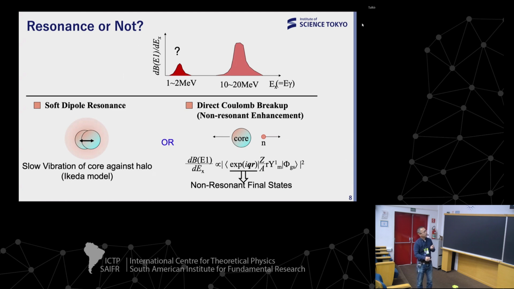In this case, the transition probability can be written like this: a ground state, this is a halo wave function, and then this is the E1 operator, the electric dipole operator, and the final state is not a vibrational state, but just a plane wave, without any structure. Even if you calculate this, as I explain later in more detail, we actually see enhancement just above the threshold.